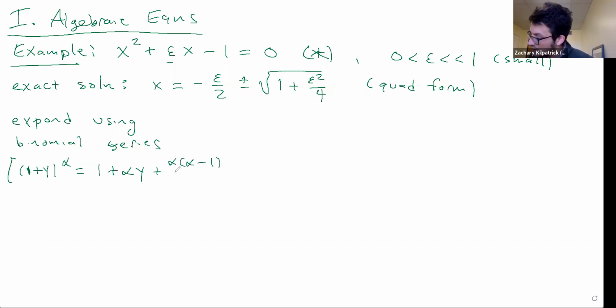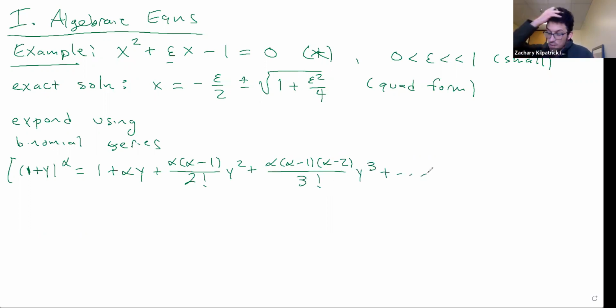You can write it out as 1 + alpha y + alpha times (alpha minus 1) over 2 factorial y squared + alpha times (alpha minus 1) times (alpha minus 2) divided by 3 factorial y cubed, and so on.